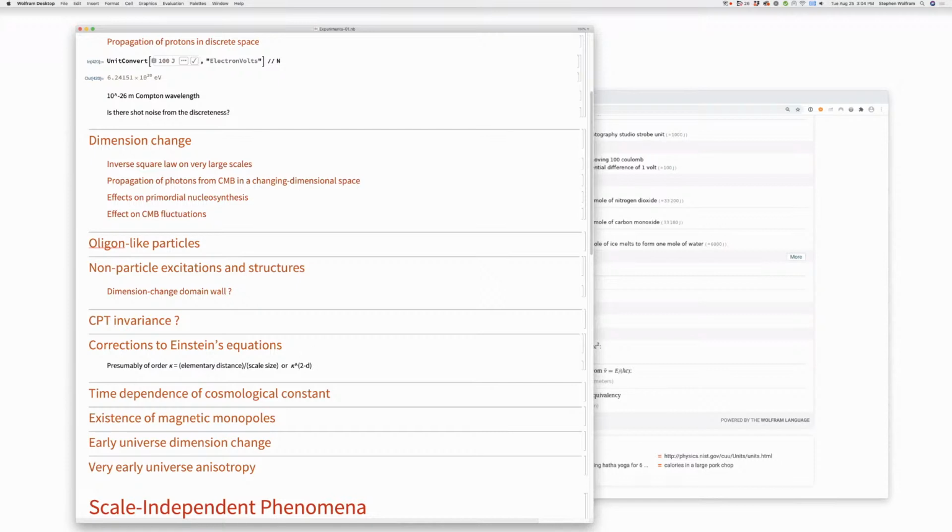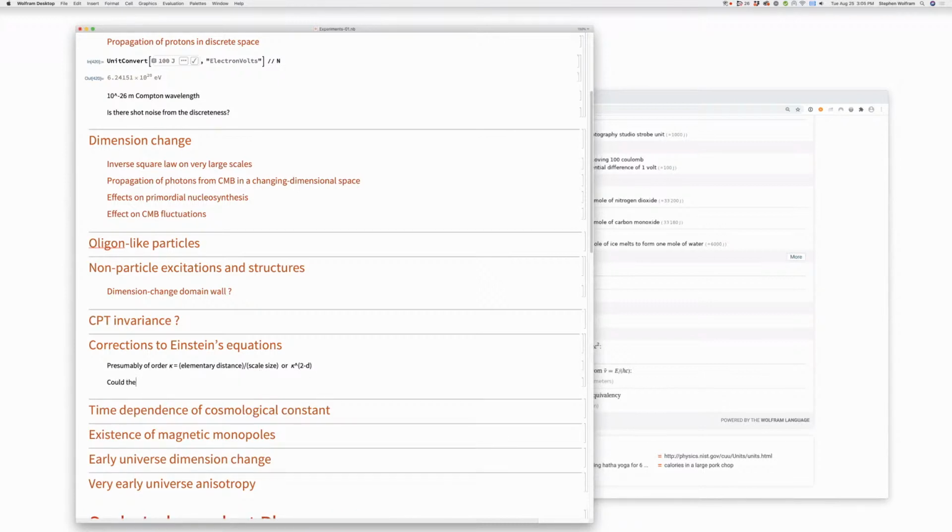Okay, so here's a question. Can there be a logarithmic term? Because otherwise, in other words, if you sum a bunch of corrections, you could imagine that you get a series in kappa that sums to some kind of log kappa type thing, like in renormalization group sums of various kinds.